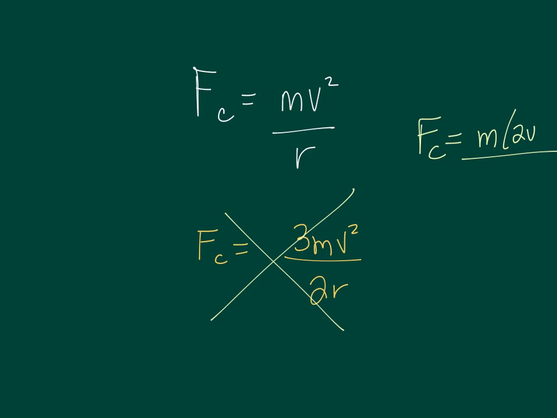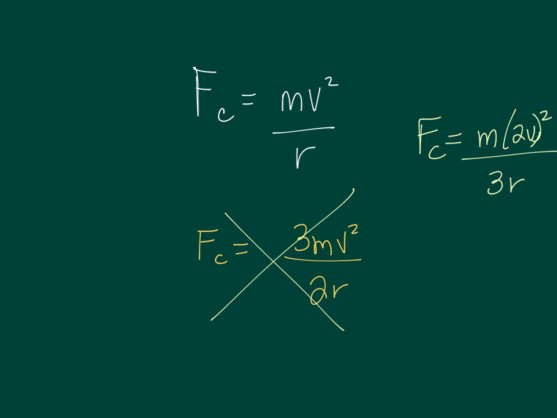Velocity doubles, and the radius triples. When you double the velocity, you need to remember that you have to square the velocity, so 2 squared becomes 4 in the numerator, and since the radius tripled, you have 4/3 now.